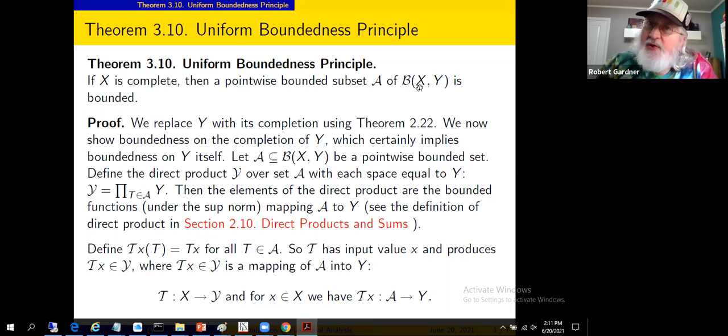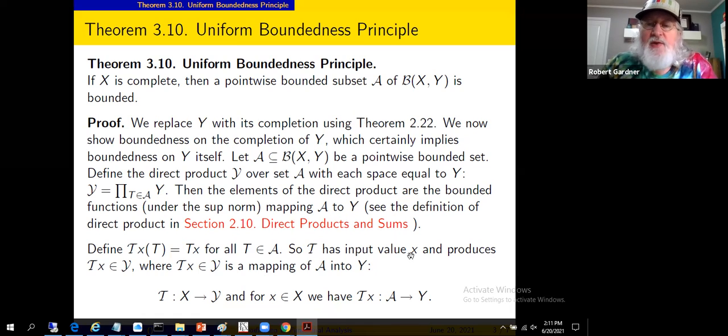T, being a bounded linear operator from X to Y, takes in elements of X and gives out elements of Y. So yeah, this calligraphy T of X does indeed take linear transformations in calligraphy A, and gives out elements of Y. So calligraphy T of X maps indexing set calligraphy A to normed linear space Y, as it should as an element of the direct product.